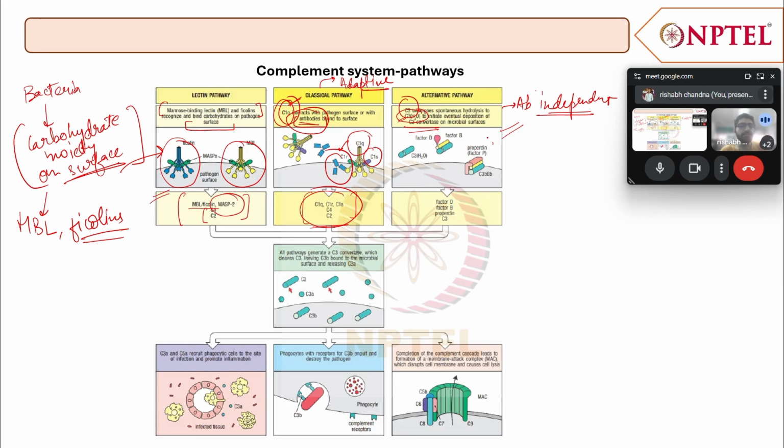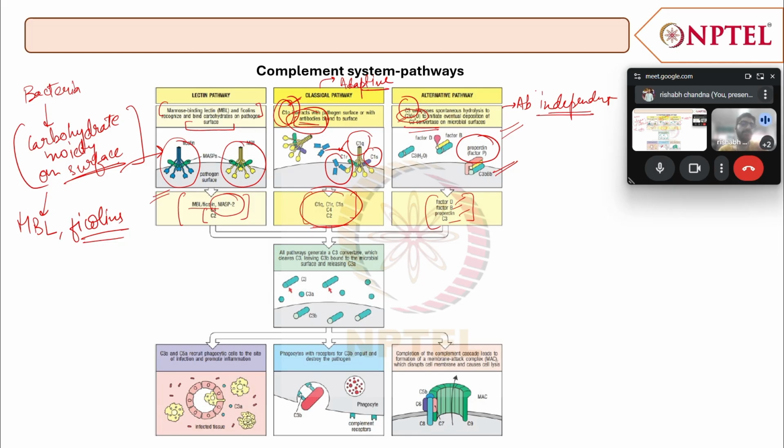There is another factor, properdin or factor P, that also helps in the initiation of the alternative pathway. Here factor D, factor B, properdin, and C3 are the major proteins involved in the alternative pathway.